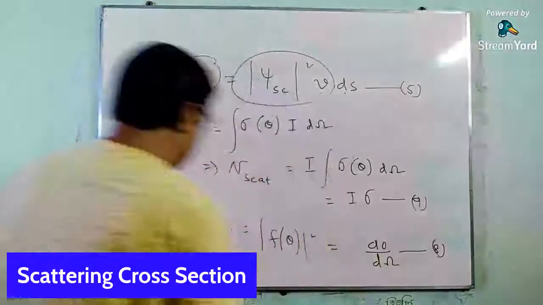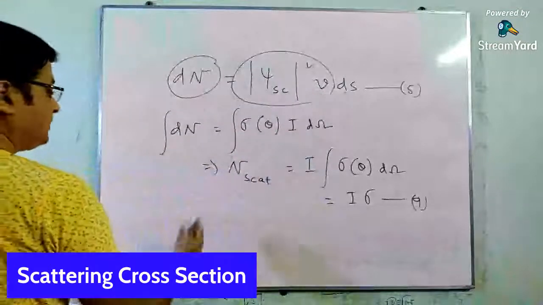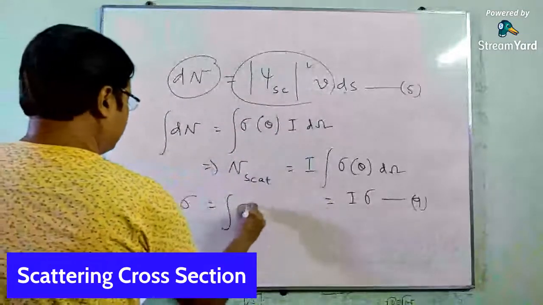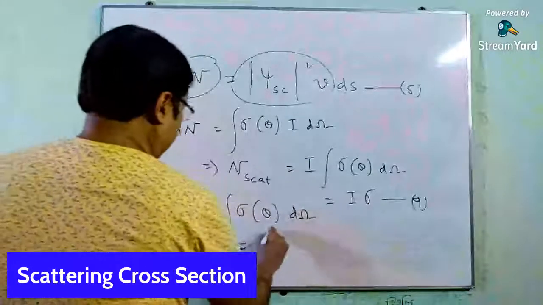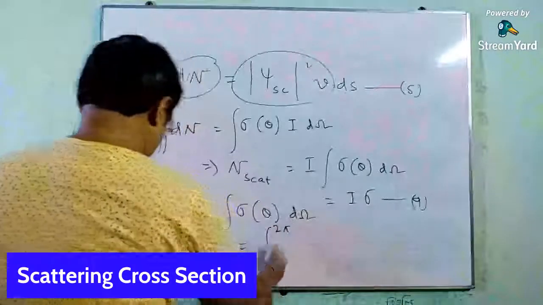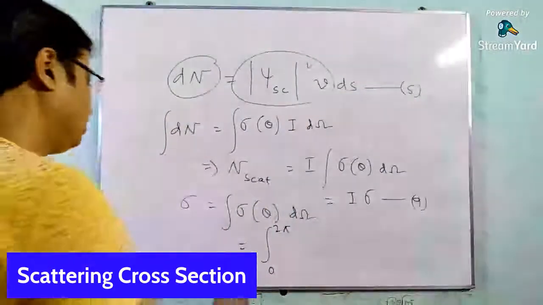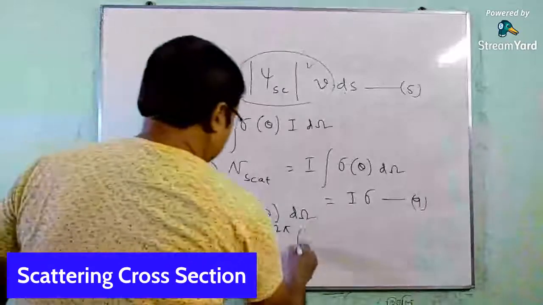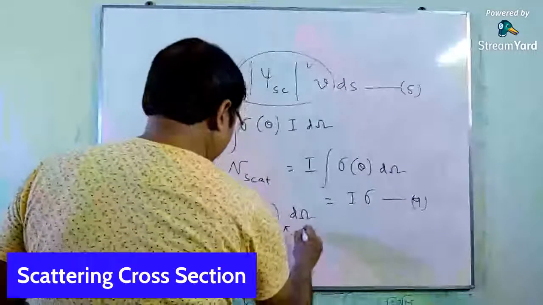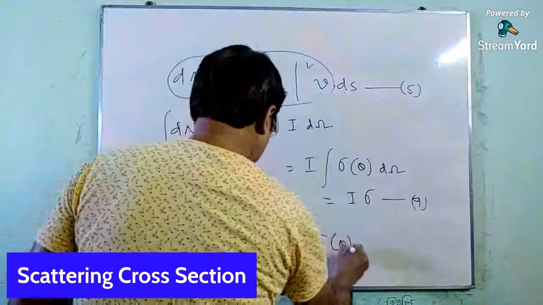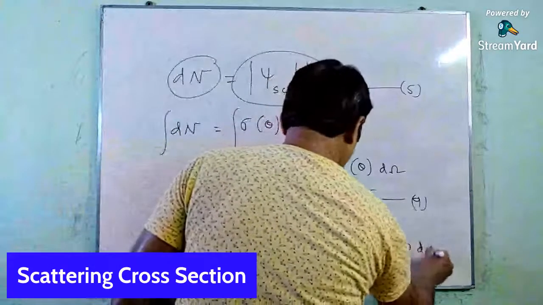And we can find this sigma also. This sigma is actually the integral of sigma(theta) d omega. Now we can write it as a double integral, where phi, the azimuthal angle, varies from 0 to 2 pi, and theta from 0 to pi: sigma(theta) sin theta d theta d phi.